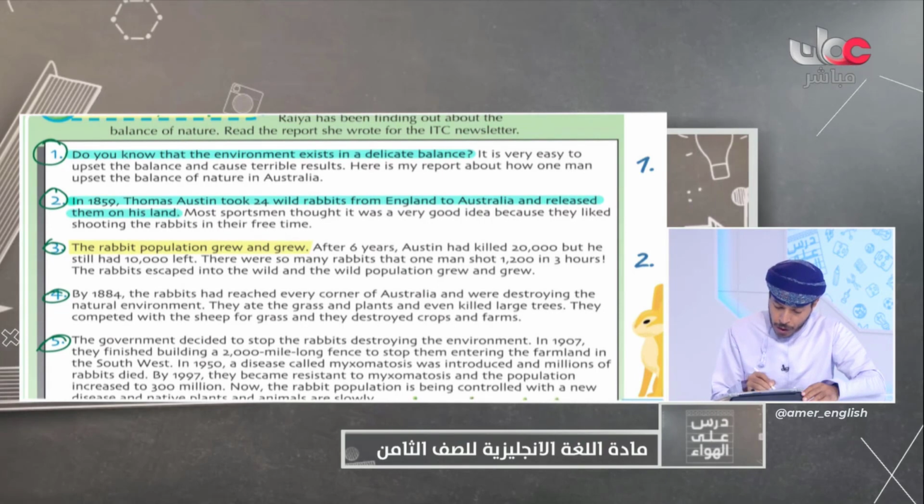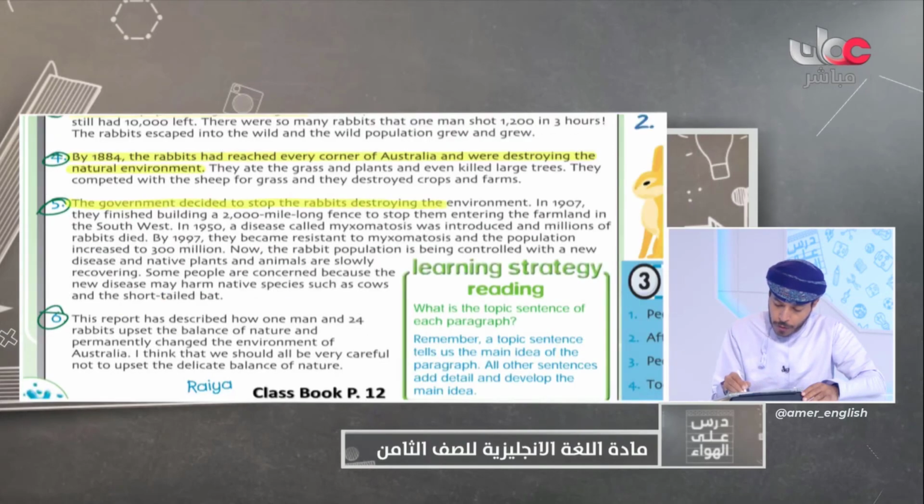And then paragraph number 4, we have this topic sentence. Paragraph number 5, the first sentence, only the first sentence of each paragraph, and this is for paragraph number 6. It's a bit long.